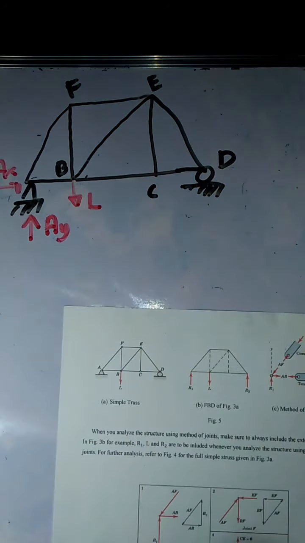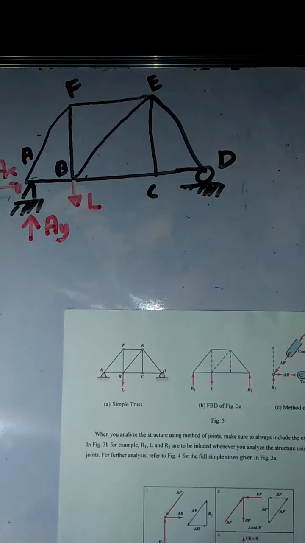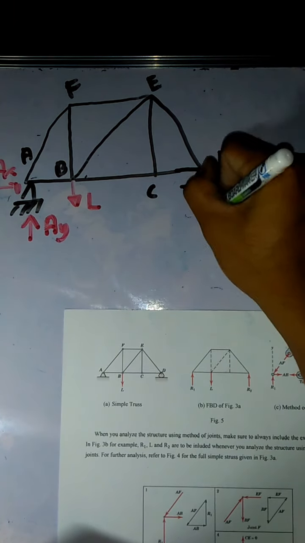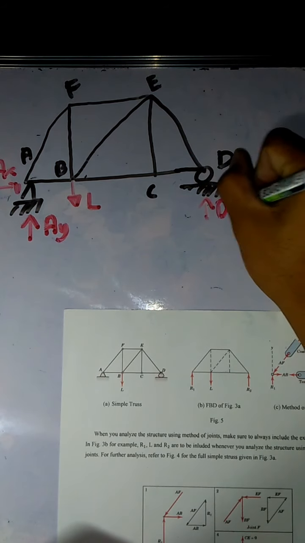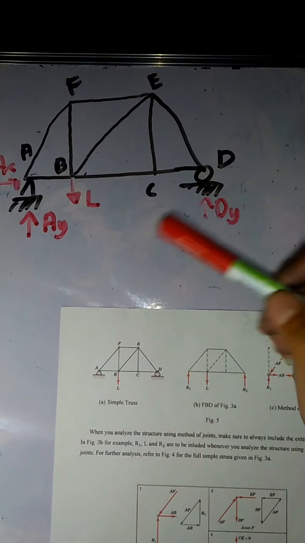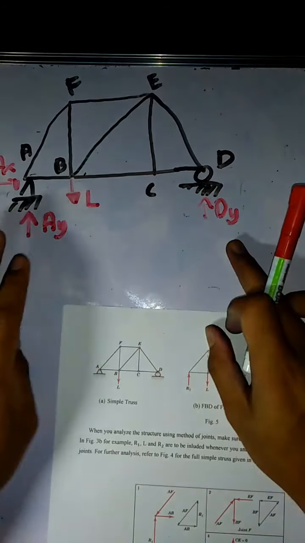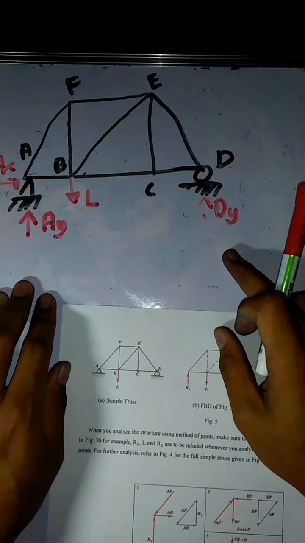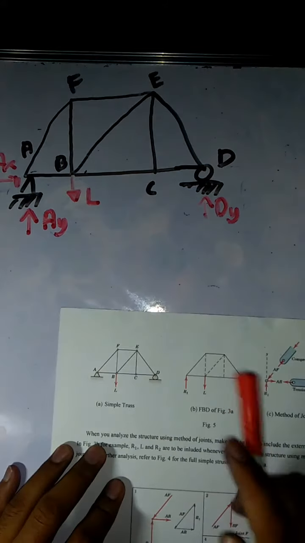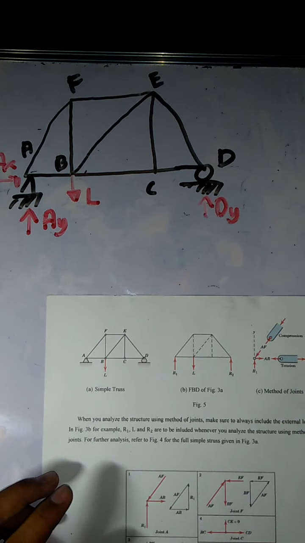Let's use letters to denote that this is a force at A, and this is a force at D, so DY. Okay? So, this is the FBD. Earlier, when these forces were not yet there, that was the original or actual diagram. This time, since we have drawn the reactions, that is the free body diagram.